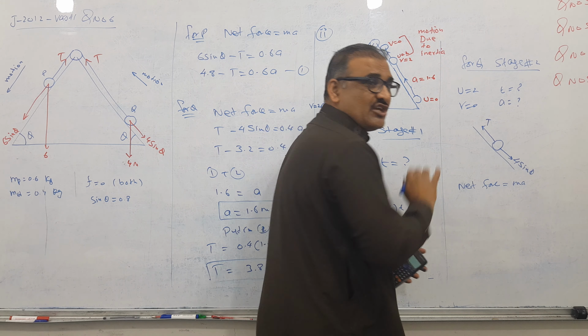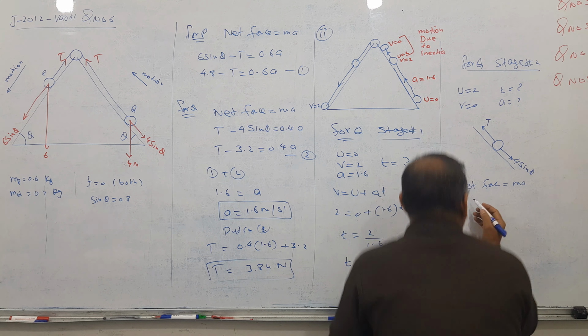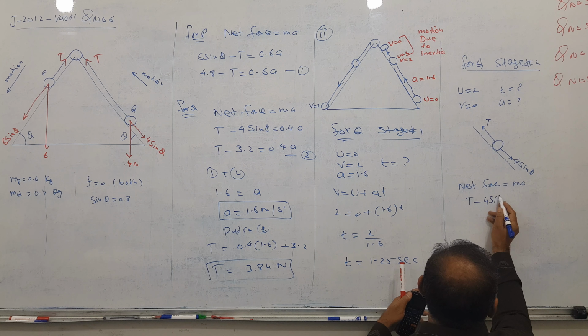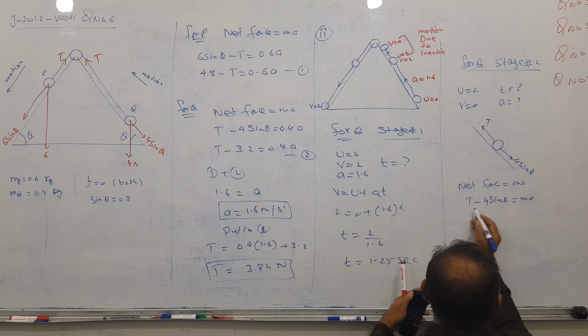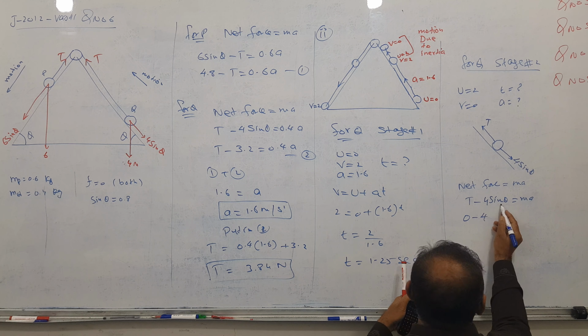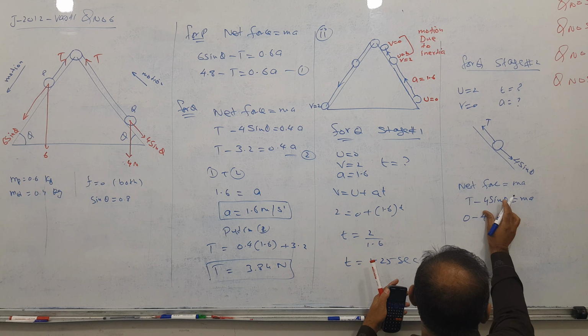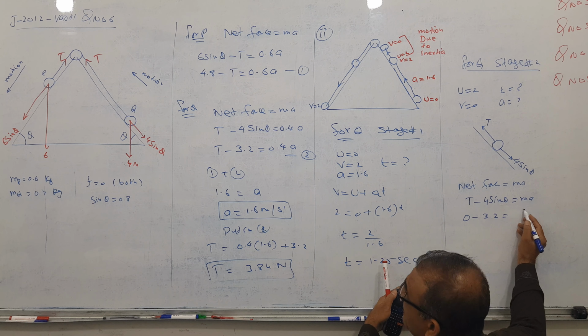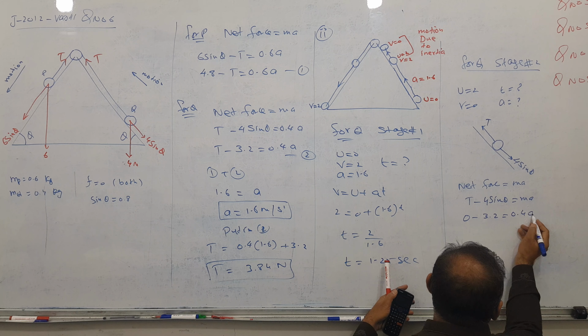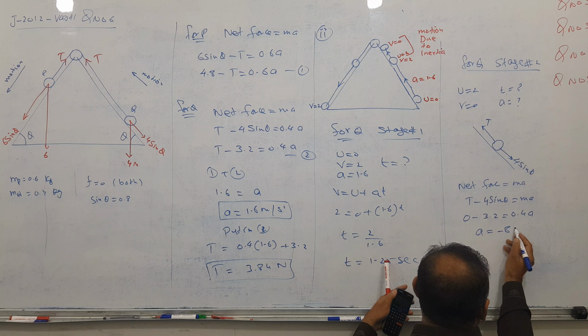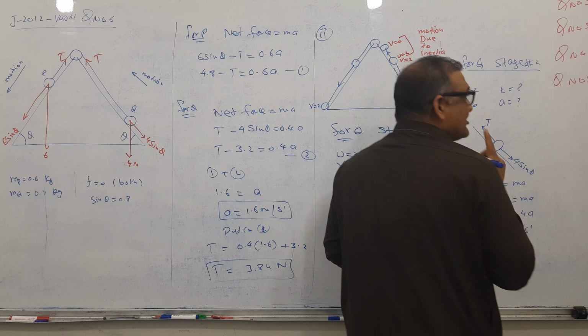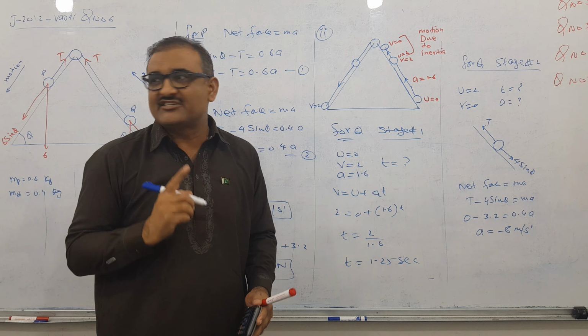So tension becomes 0. Actual formula tension minus force sine theta equal to MA. But tension becomes 0, and force sine theta is given here 0.8. So this is a 3.2, and mass given here 0.4. And it goes down, acceleration becomes minus 8 meter per second square. This is a turning point.